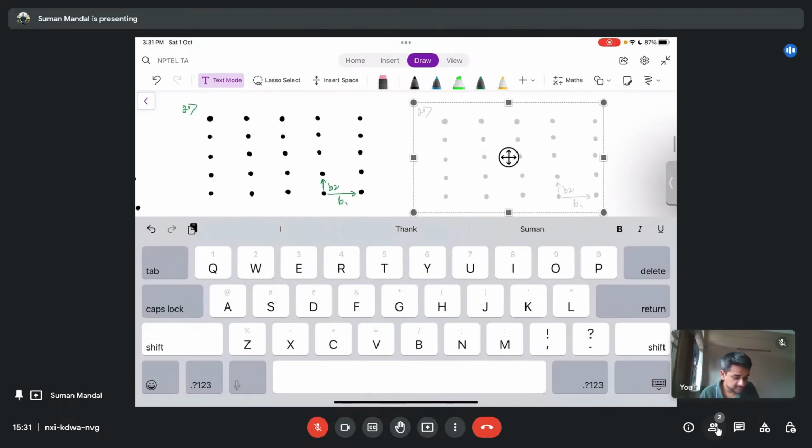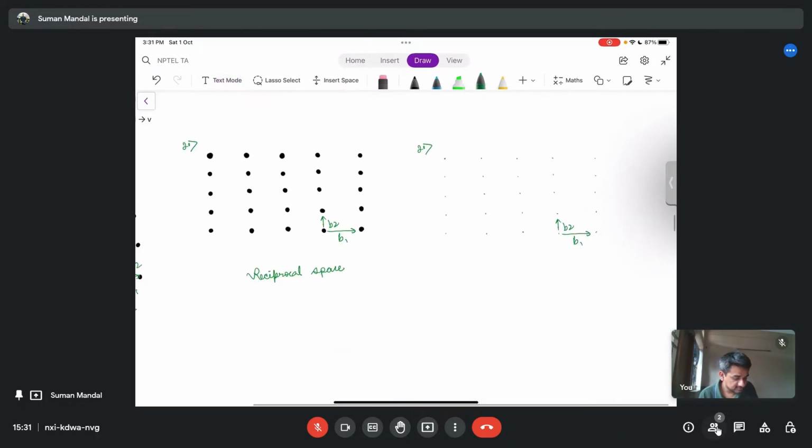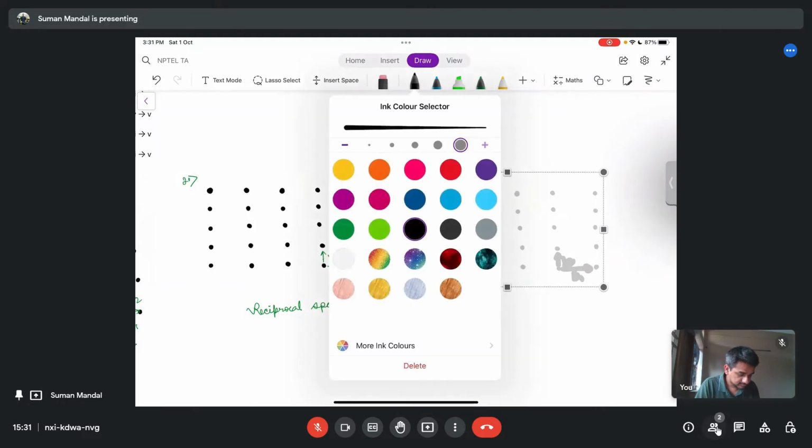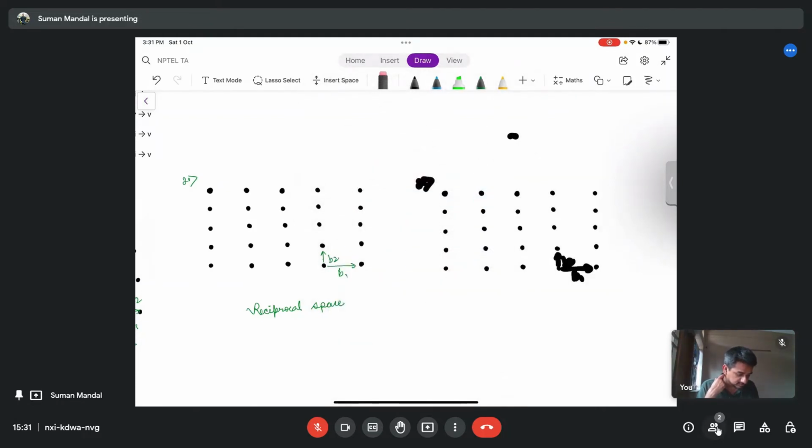So let me import the figure. I have taken the same figure again here.